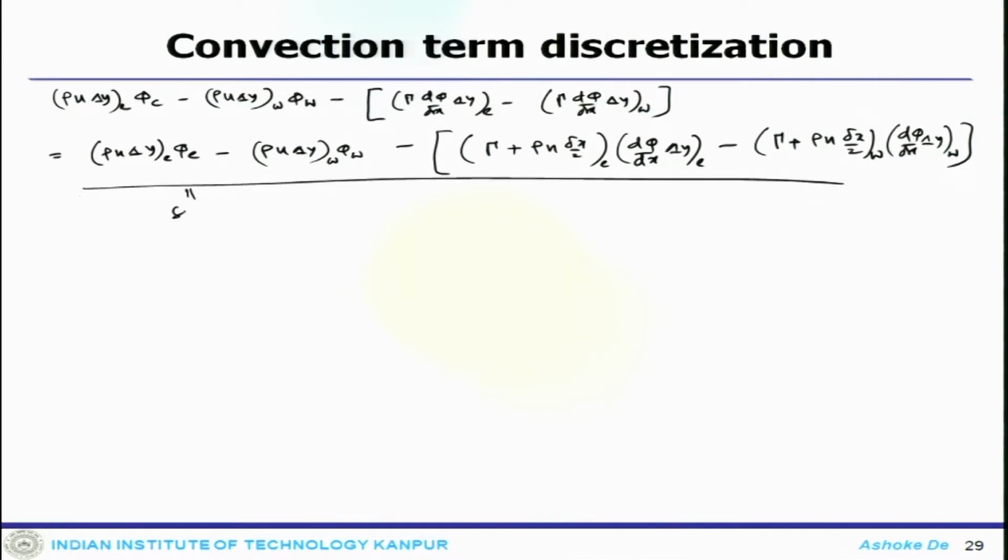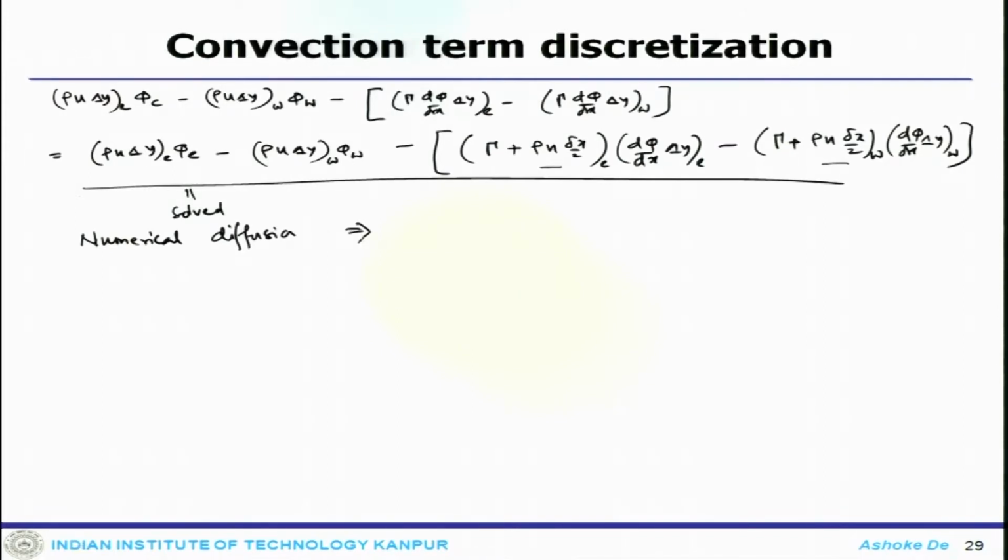Now, in this solved equation we have an added component, this much at the east face and this much at the west face, which essentially acts like a numerical diffusion.